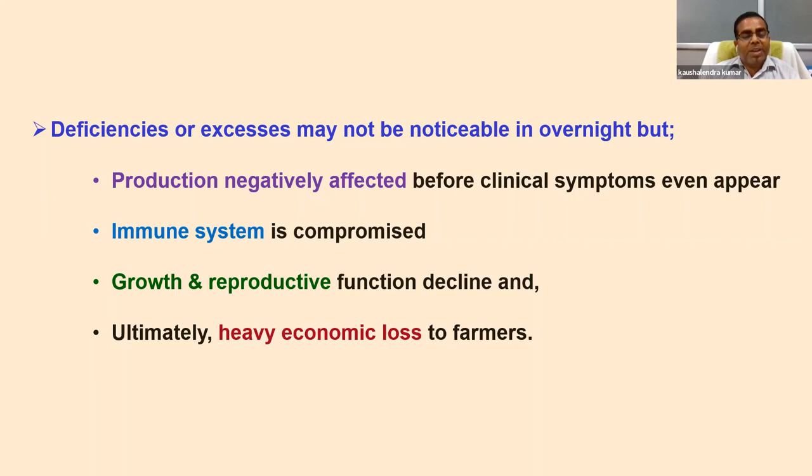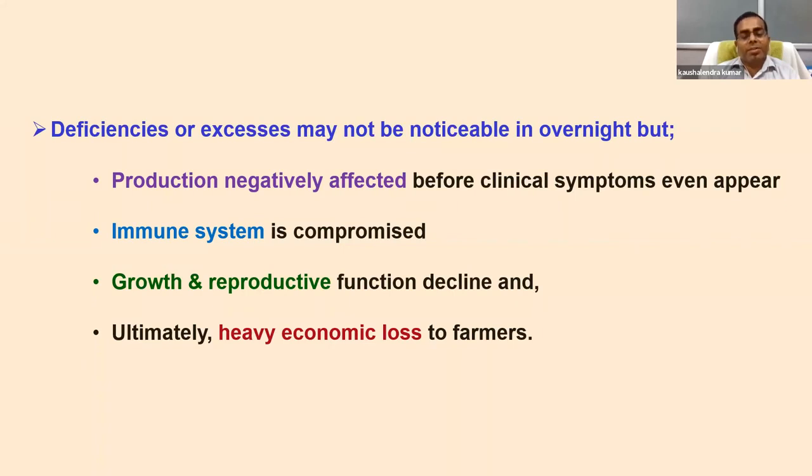If the farmers maintain good herd conditions, then reproductive efficiency will be maintained. And if reproductive efficiency is compromised, then the herd health condition will be reduced. So ultimately what happens?